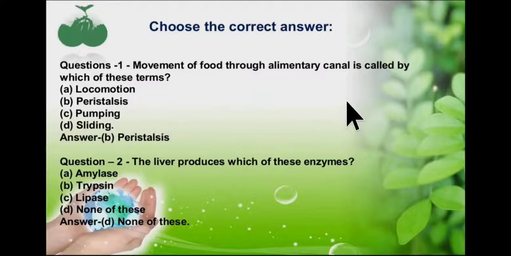So let's revise some more topics. Movement of food through alimentary canal is called peristalsis. The liver produces which of these enzymes? None of these.